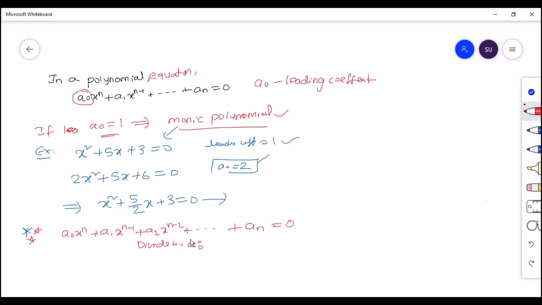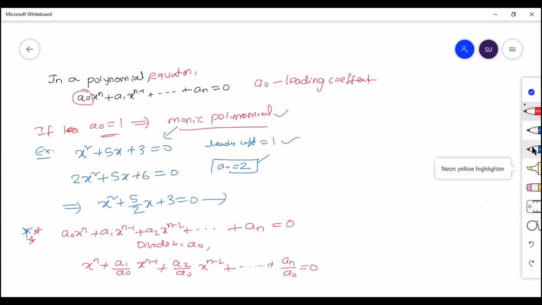Then what do we get? a0 by a0 is 1. So that is x power n plus a1 by a0 x power n minus 1 plus a2 by a0 x power n minus 2 plus and so on, an by a0 is equal to 0, right?